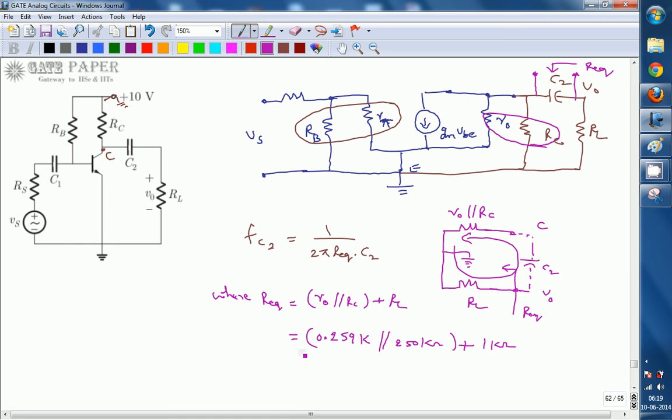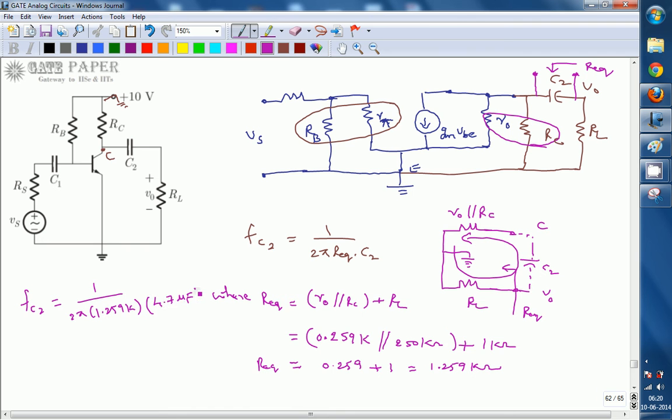So this is 0.259 in parallel with 250. 250 is very large compared to 0.259, so what you get is 0.259 itself plus 1. So 1.259 kilo ohms is R equivalent. Substitute in FC2: FC2 is equal to 1 by 2 pi into 1.259 k multiplied by C2, which is given as 4.7 microfarad.